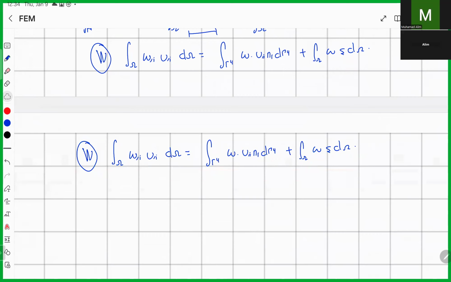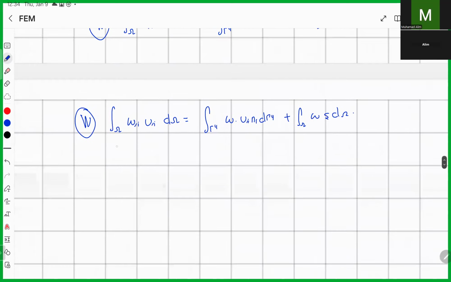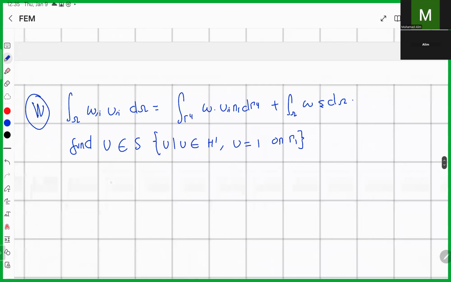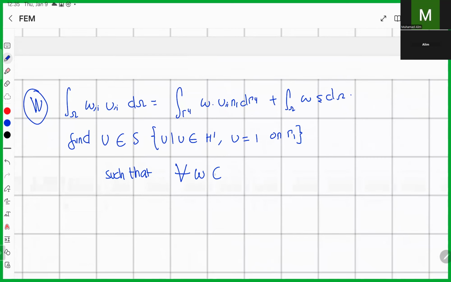For the weak form we find the solution belonging to the trial function space, such that U belongs to the H1 Sobolev space with U equals 1 here, such that for all W, or weight function, in the test function space, W also belongs to the H1 space, with W equals 0 on surface 1. So this is what we have.